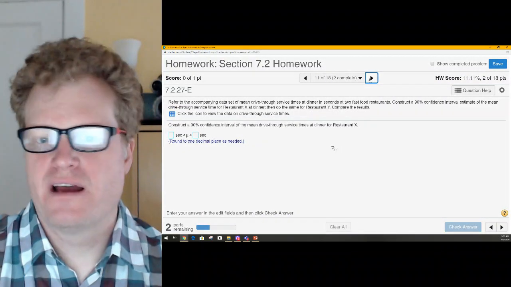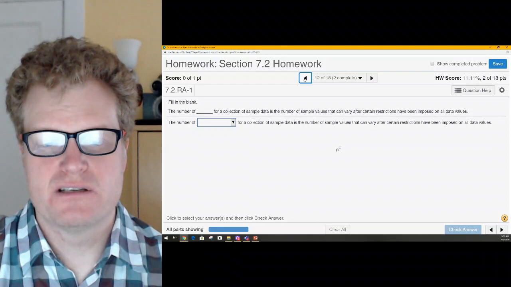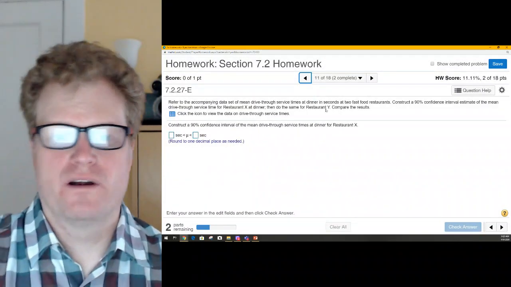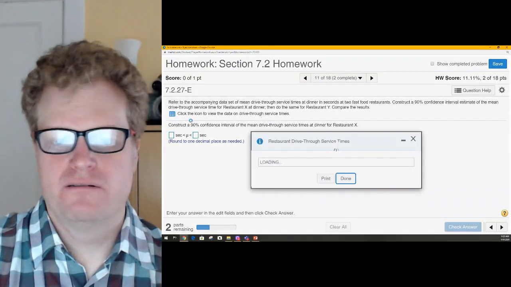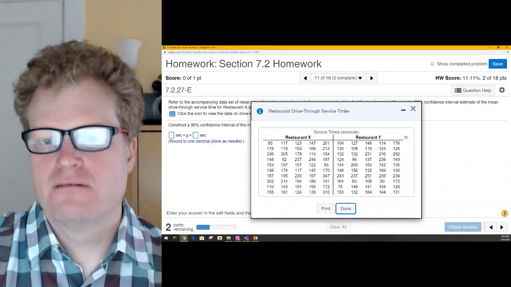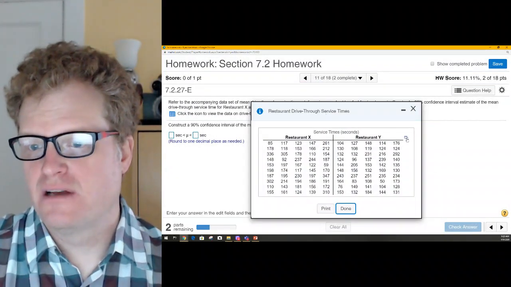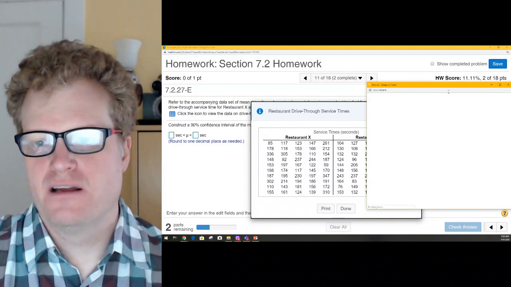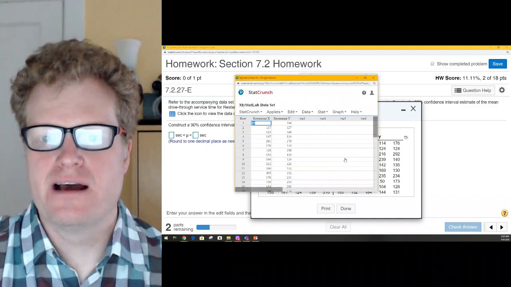A lot of them have data that we can pull down, and StatCrunch makes it nice because you can copy the table, open it up in StatCrunch, and perform your data analysis.